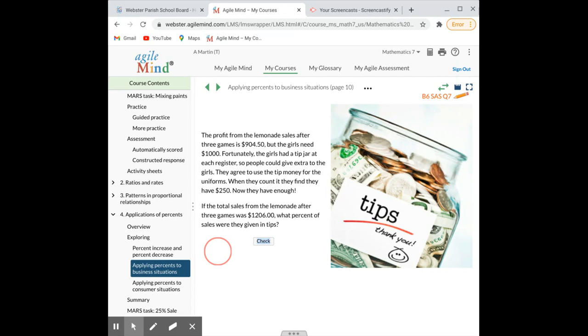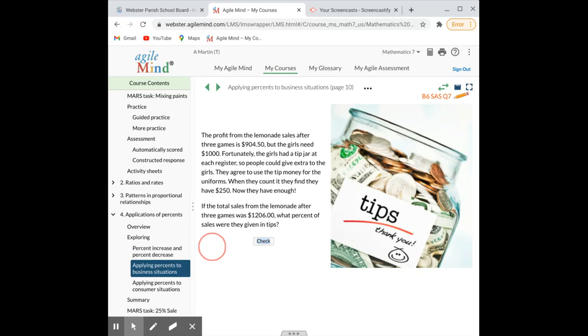When they counted, they found they had $250. Now they have enough. If the total sales from the lemonade after 3 games was $1,206, what percent of the sales were they given in tips? There you go. Good job.